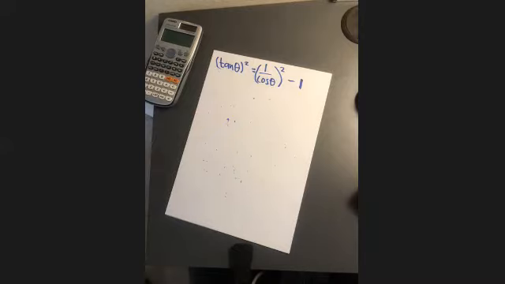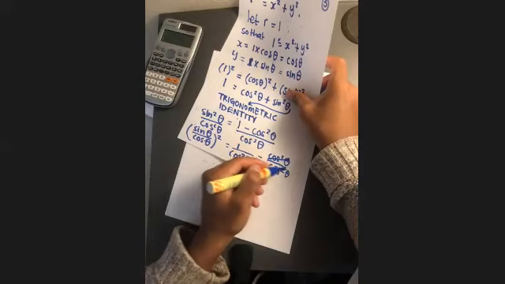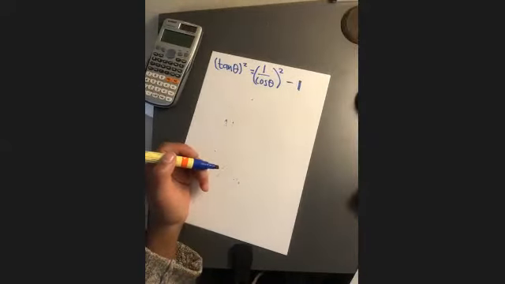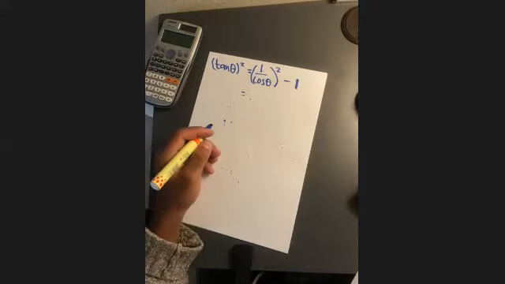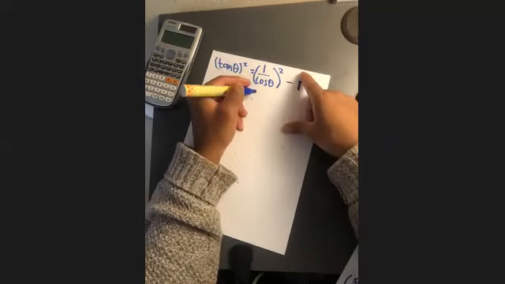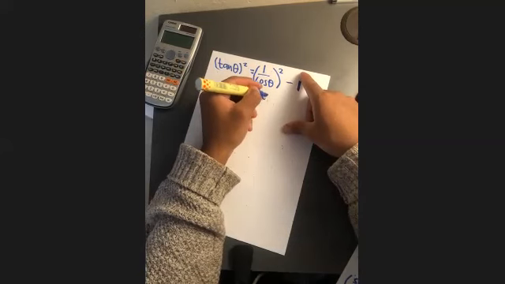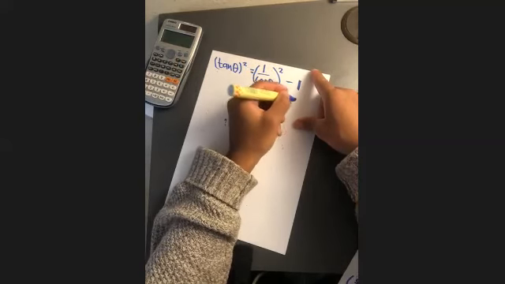It's minus 1 because this is just going to cross divide, and then it gives us 1. So now we know that 1 over the cos of theta, by one of the rules that you've learned in trigonometry, is equal to the sec of theta, and this is all squared, minus 1.